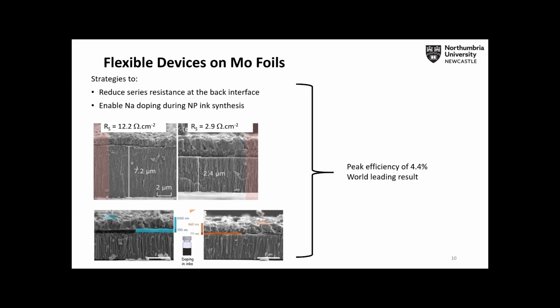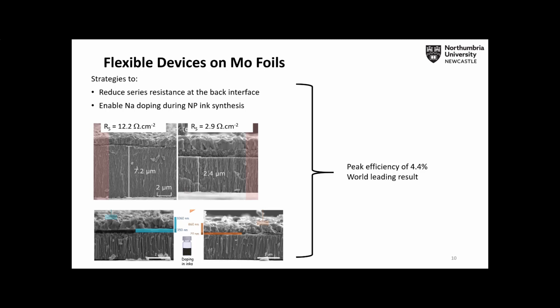The first one, we decided to look at a strategy where we can reduce the number of layers and processes in our process. So we decided for this work to not use barrier layers in our materials or in our device, and we use high purity Mo foils, because technically molybdenum is used as our back contact film.